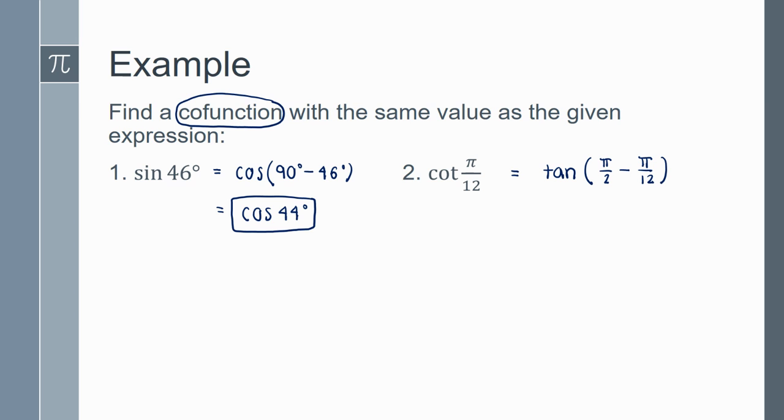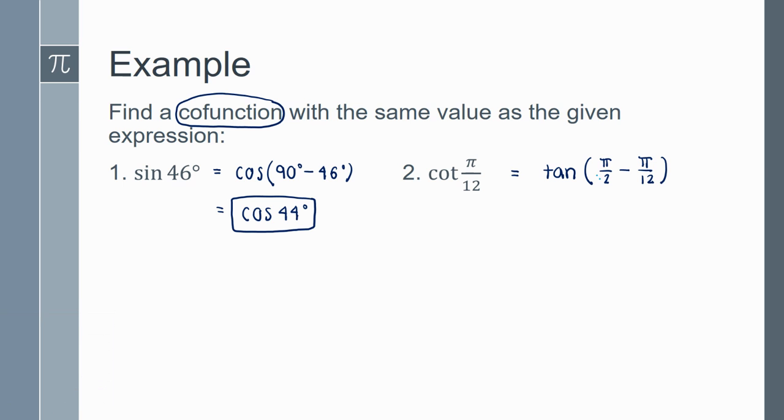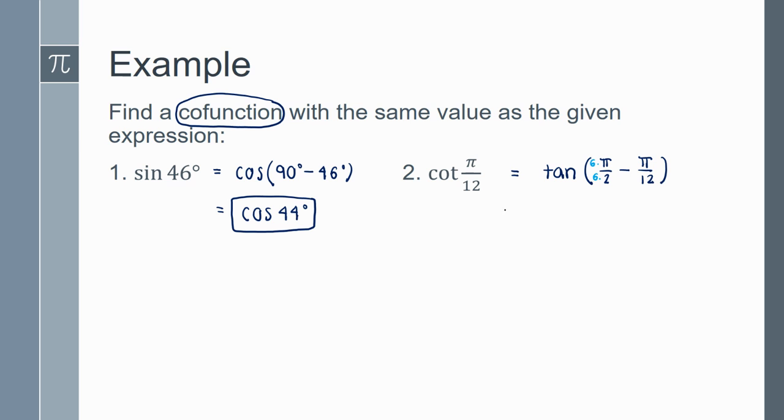Because these don't have the same denominator, I'm going to find a common denominator. That common denominator would be 12. So that means multiplying the top and the bottom of that first fraction by 6, and we will now end up with tangent of 6 pi over 12 minus pi over 12.